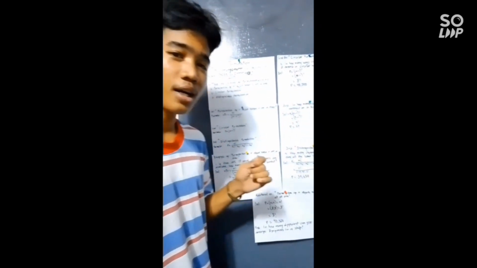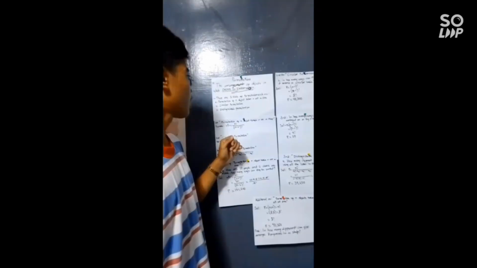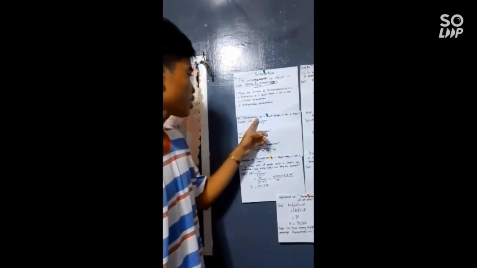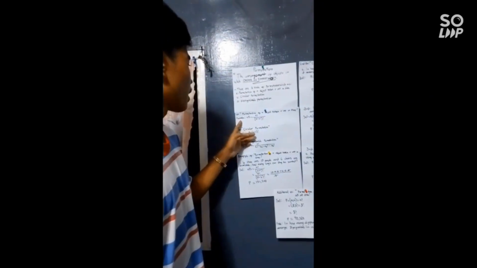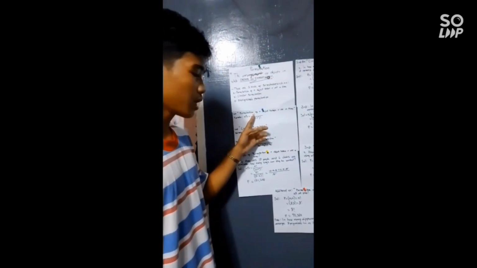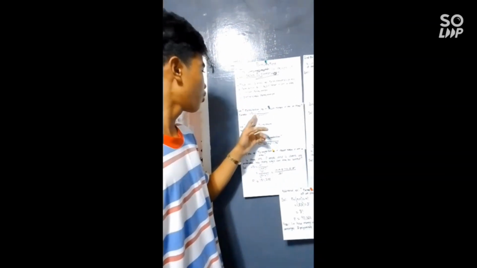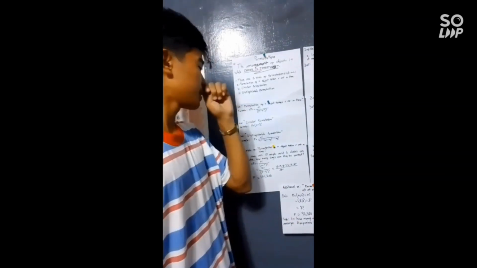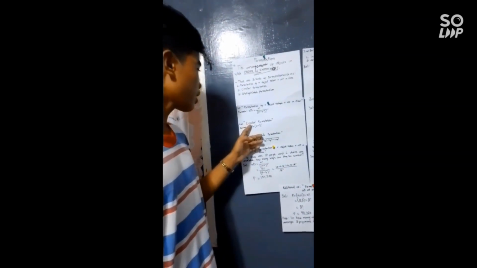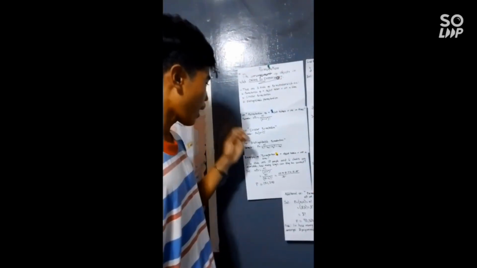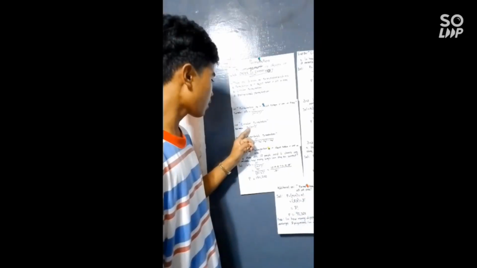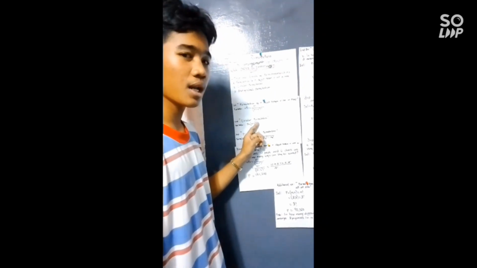Here are the formulas of the three kinds of permutation. First is permutation of n objects taken r at a time. Formula: nPr is equal to n factorial over n minus r factorial. Second is circular permutation. Formula: P is equal to n minus 1 factorial.